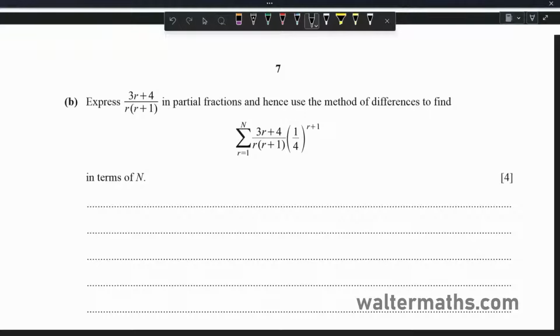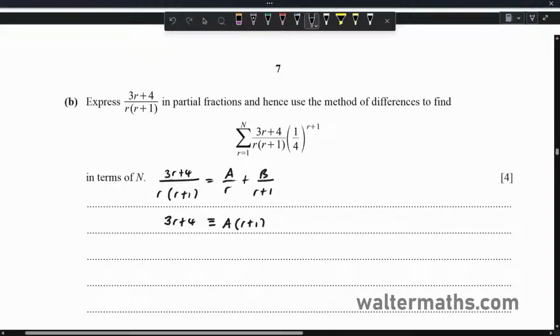So in this particular case, we have 3r plus 4 over r of r plus 1 being equal to, in partial fractions, a over r plus b over r plus 1. So multiplying both sides by this denominator, all the terms, we'll be left with 3r plus 4 being identical to a of r plus 1 plus b of r. So from here, I'm going to say, okay, let me take this right on to here.